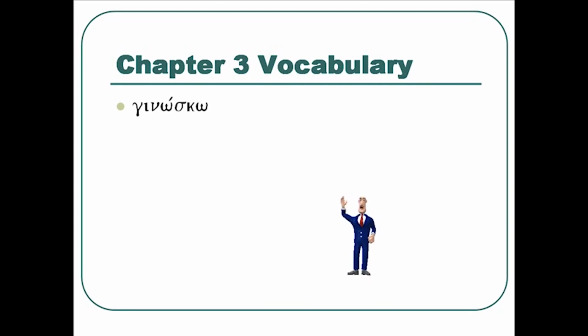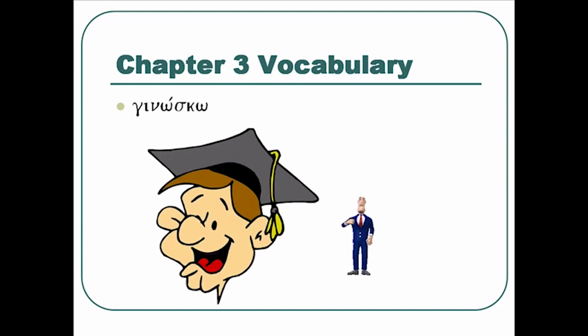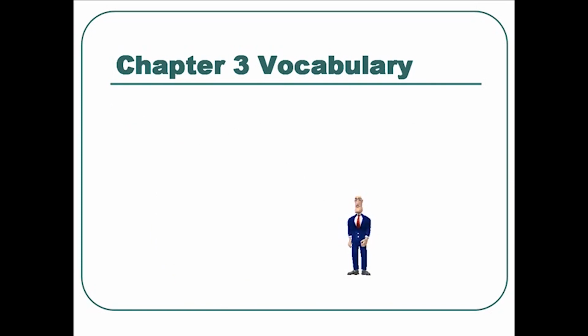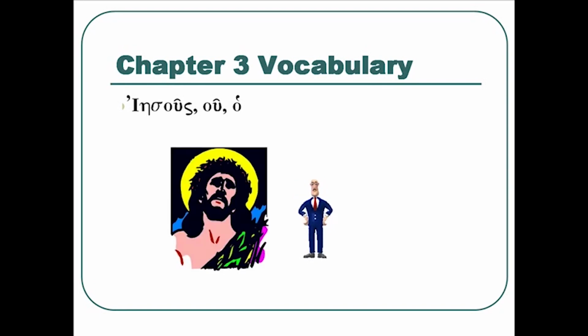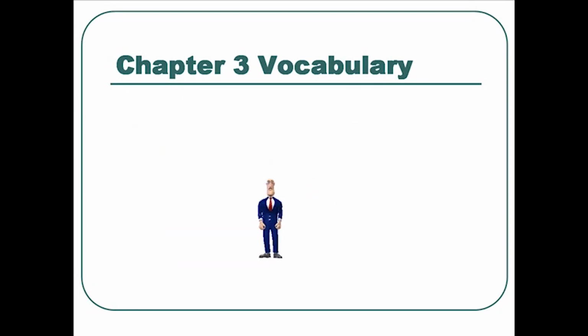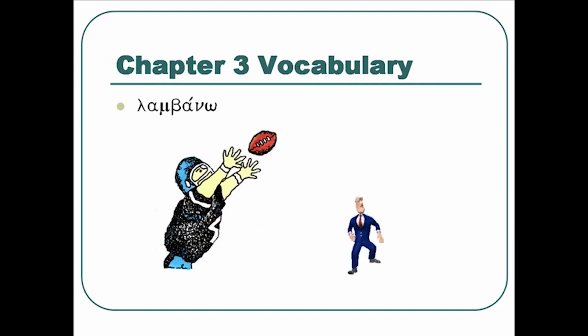The fifth word is the verb ginosko, and it means I know. The sixth word is Iesous, and it means Jesus. The seventh word is lambano. Whoa, better get out of the way of that big feller. And it means I take or receive.